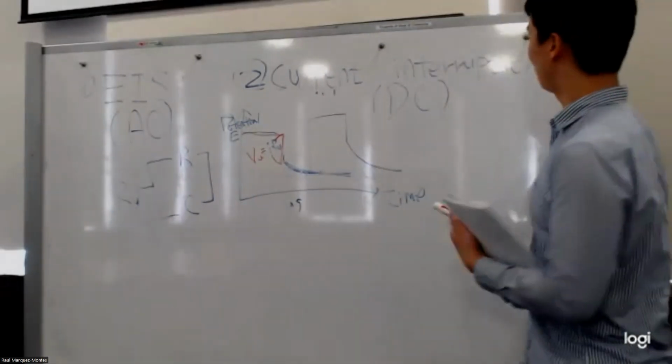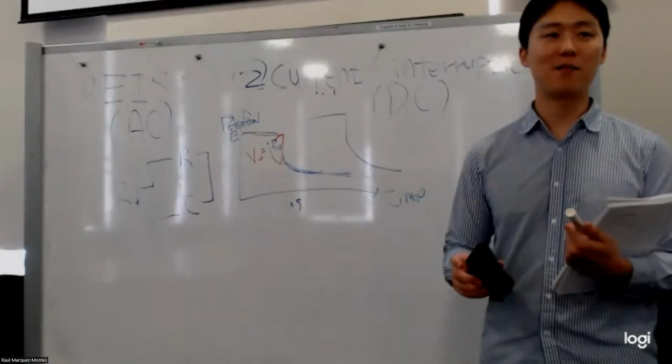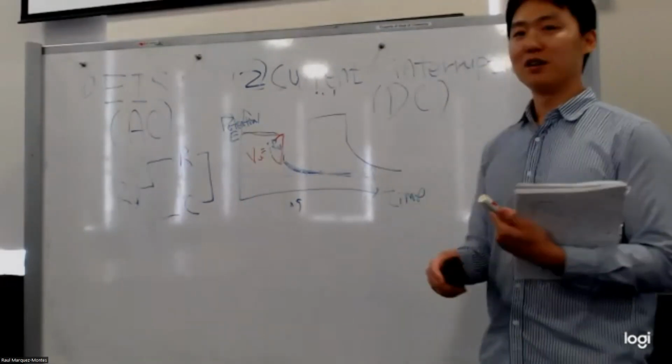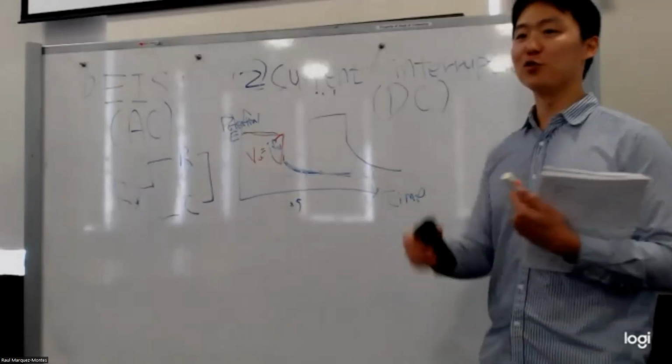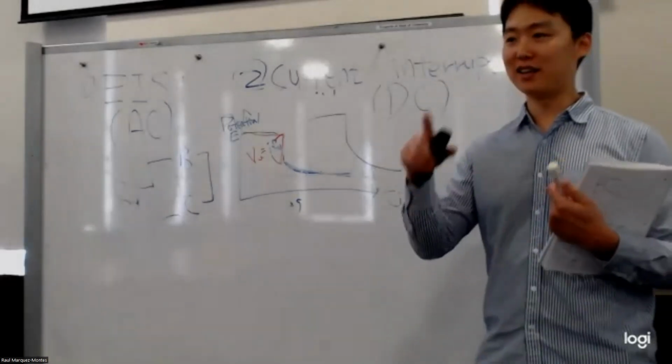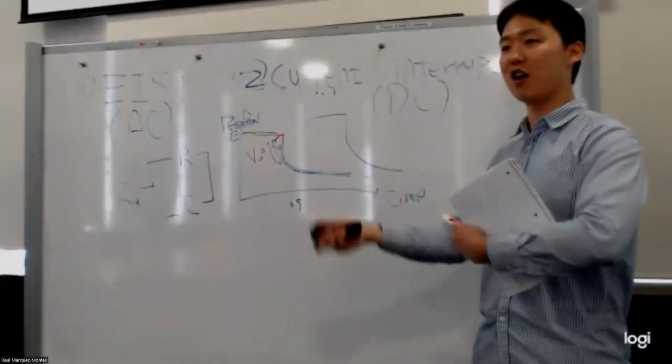Okay, I will move on to the actual IR compensation method. Just to give an overview, first we need to measure the RU value, and then we do the actual IR compensation.